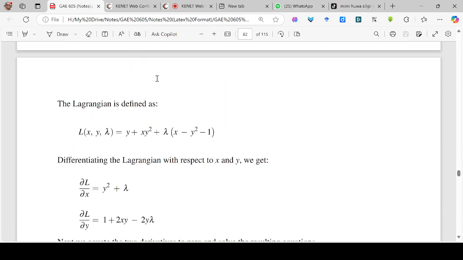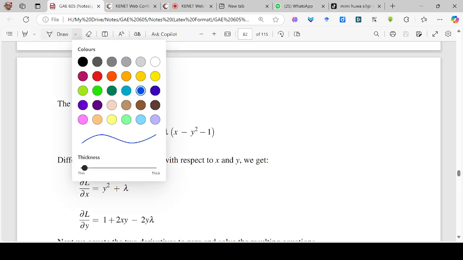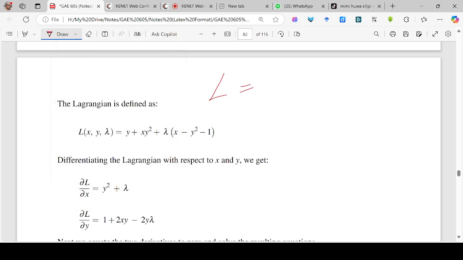So first we construct the Lagrangian. As I have said, this function L is defined as f of x, y plus lambda times g of x comma y.